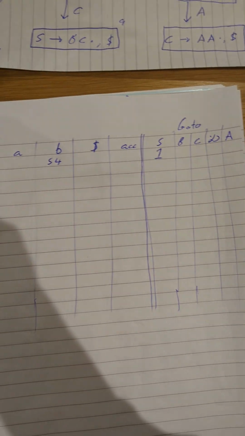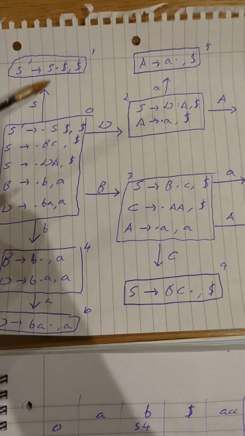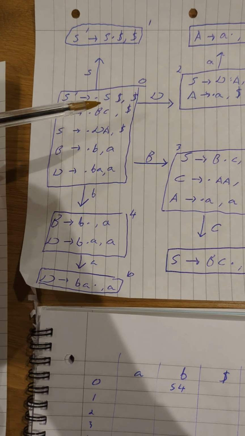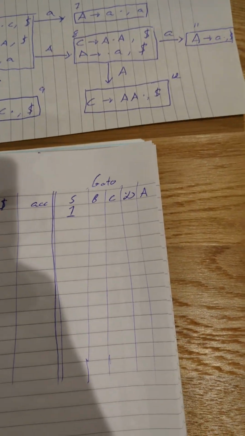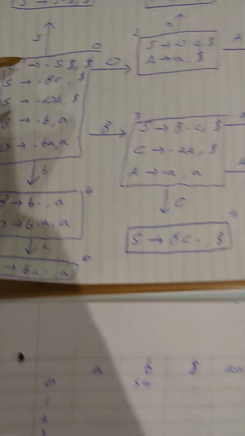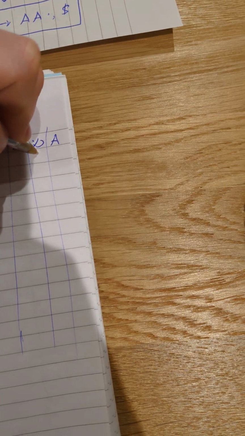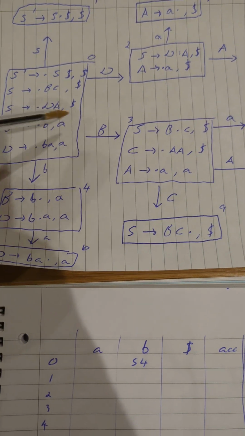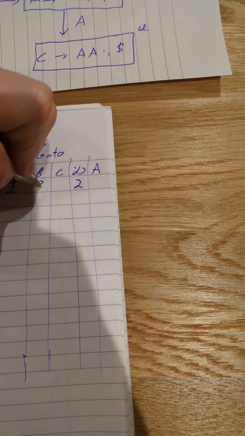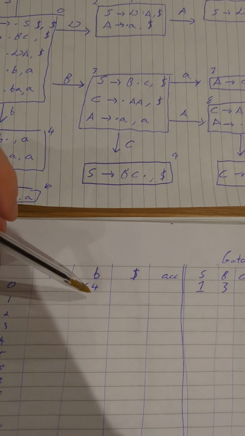To the right, you're just writing the number. So if we go through that for every box here, if we're in state 0 and we get a D, then we go to state 2. So 0, D, 2. If we get a B, we go to state 3, 0, B, 3. If we get a lowercase b, well, we've already written it down as a shift 4.